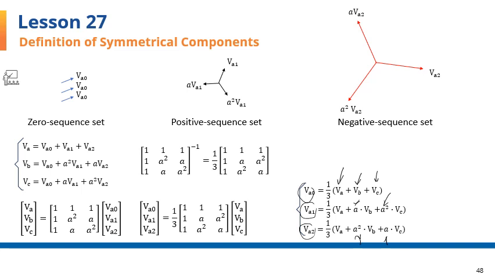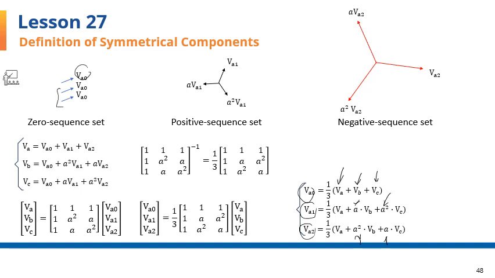Once we find the VA0, VA1, VA2, we can easily set up these three sequence sets. For the first one, everything is the same, so we have VA0, and the other two are exactly the same.